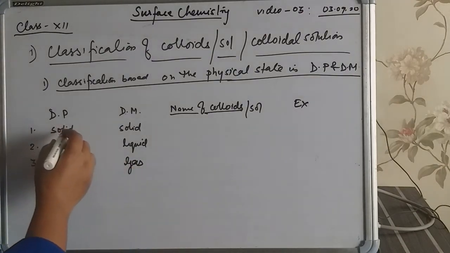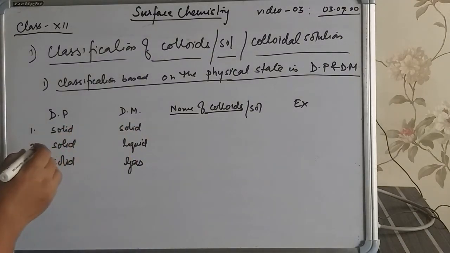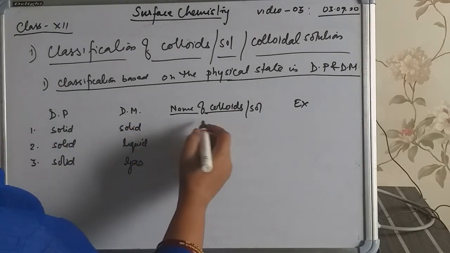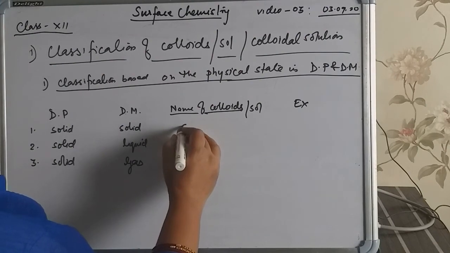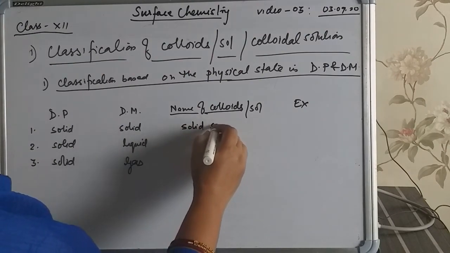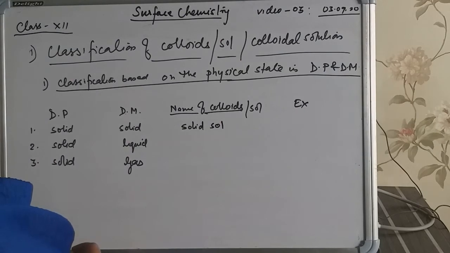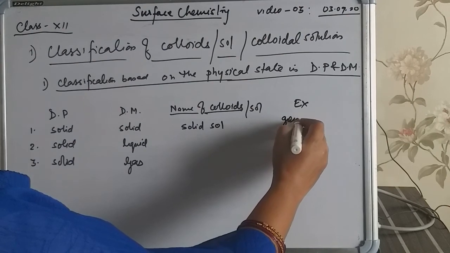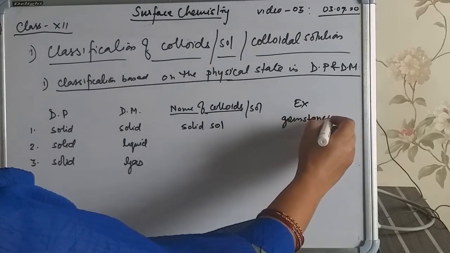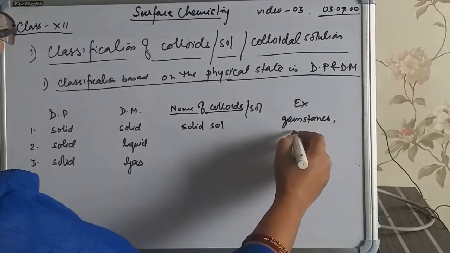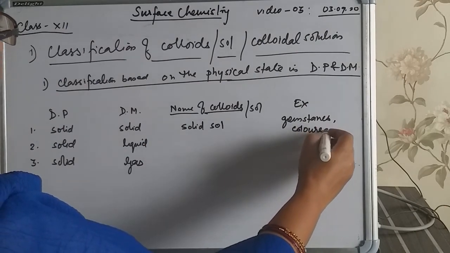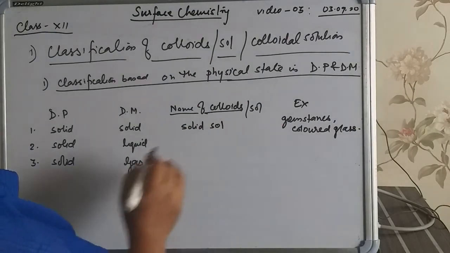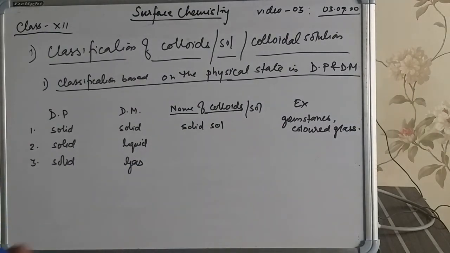So dispersed phase is solid and dispersion medium is also solid. So the name of the colloid will be solid sol, and the best example is gemstones or colored glass.